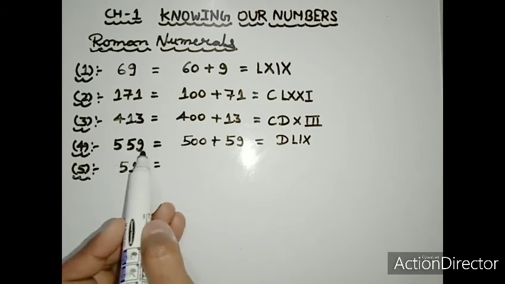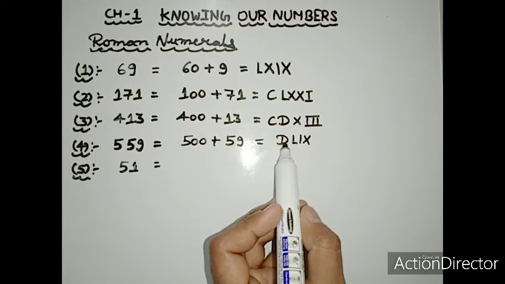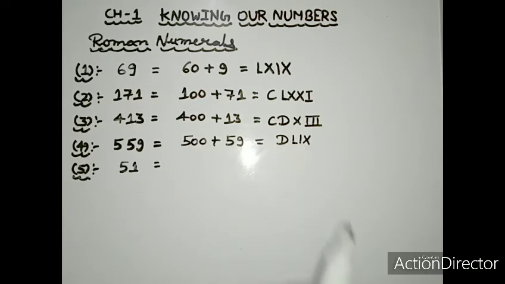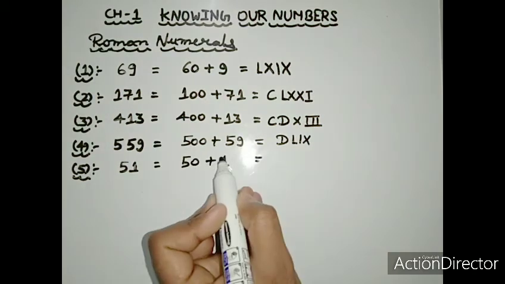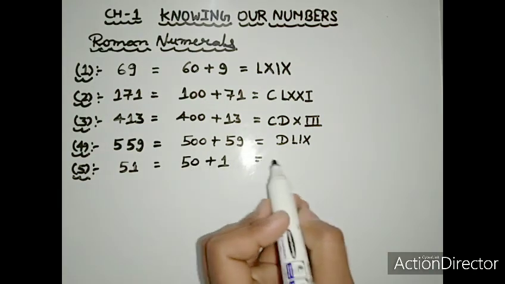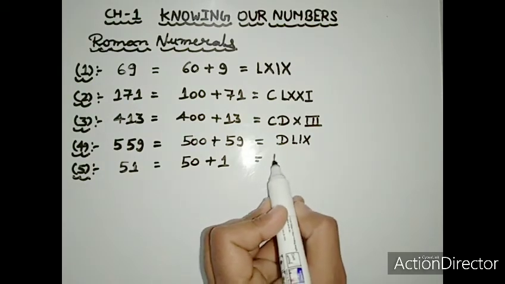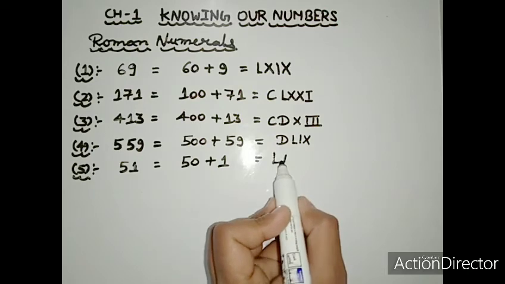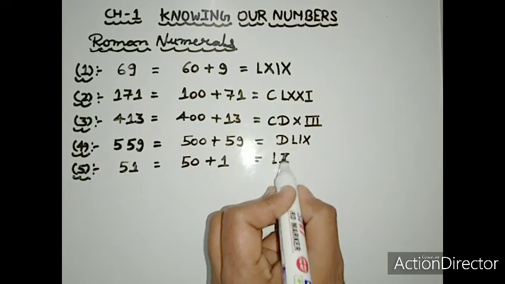So 559 is represented by the Roman symbols DLIX. Now 51. So 50 plus 1. So here 50 is represented in Roman numerals by using L, and plus 1, so here we write I. L and I.